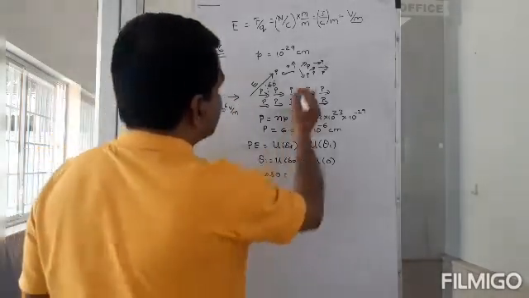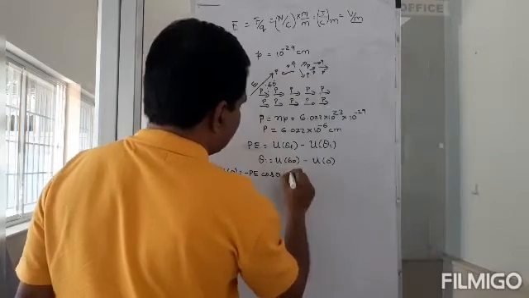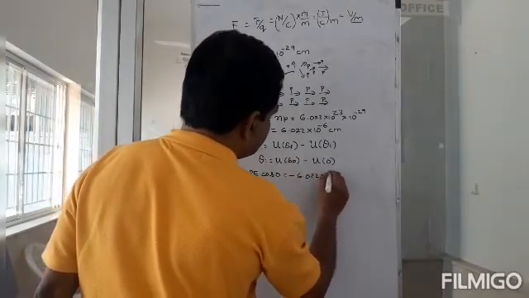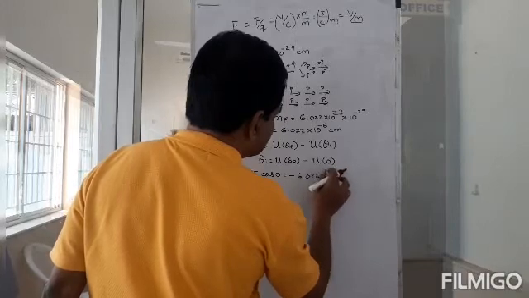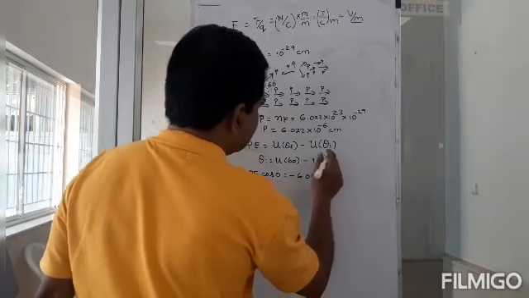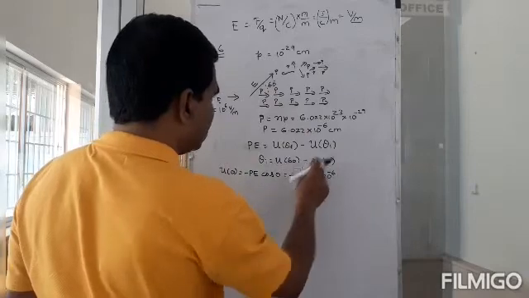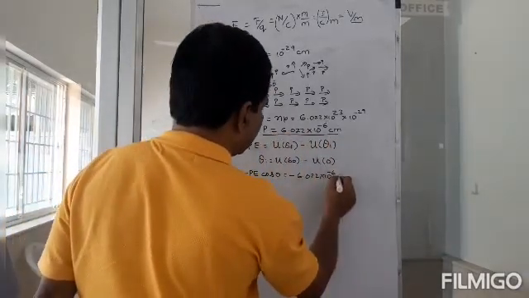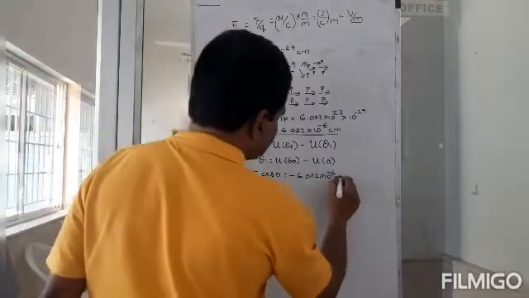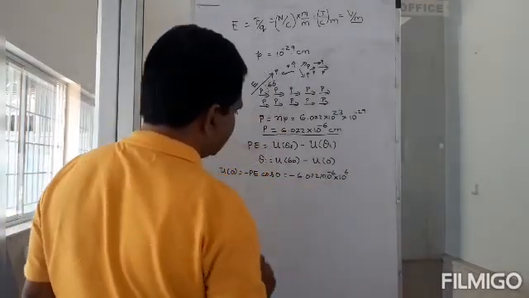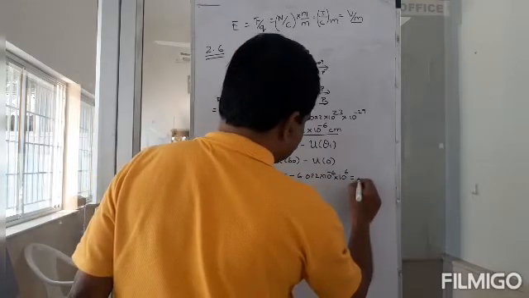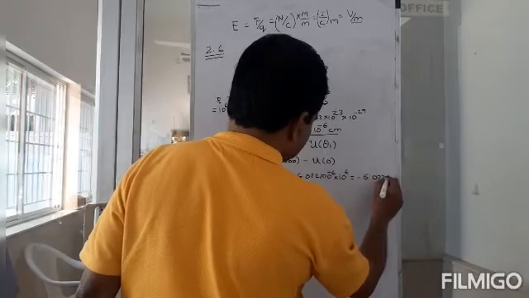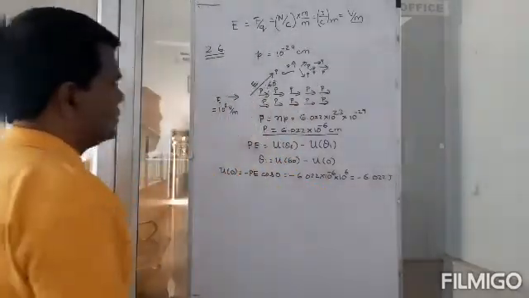So that is equal to minus P E. P is 6.022 into 10 power minus 6, multiplied by E, which is 10 power 6 volt per meter, and this is going to give me minus 6.022 joules.